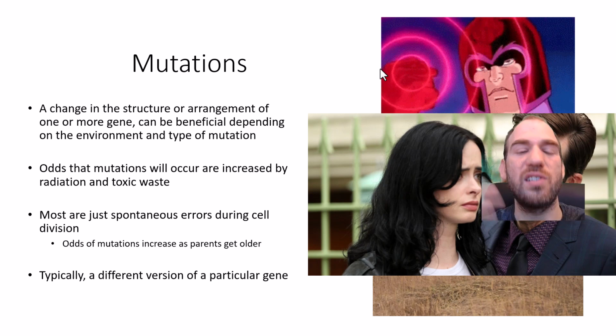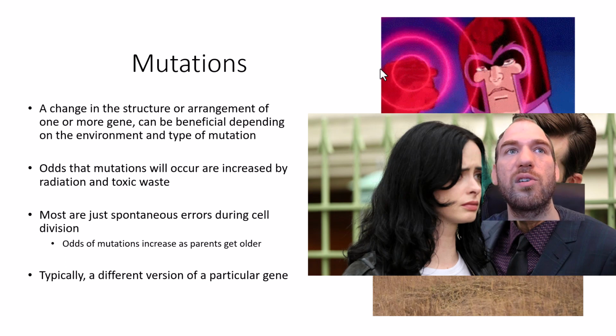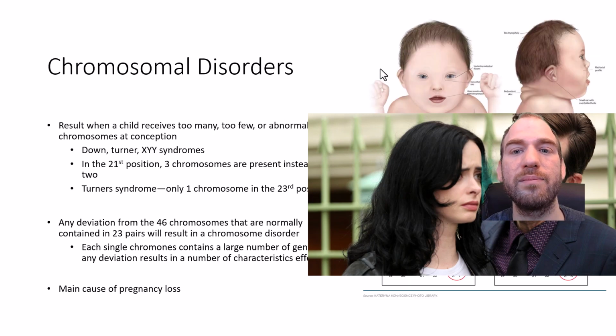And the odds of that spontaneous error occurring increase as the parent gets older. That's one reason why having a child at 48 is a little more risky than having a child at 24, because of these spontaneous errors that can occur during cell division as the zygote is developing.